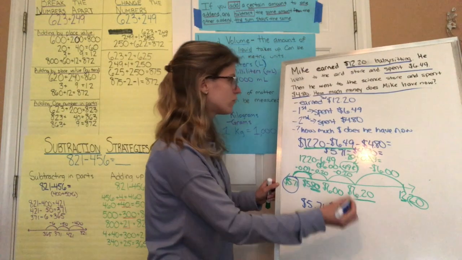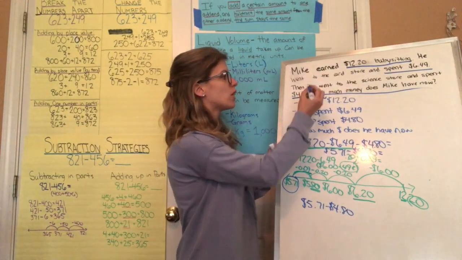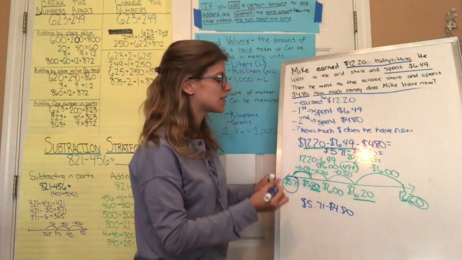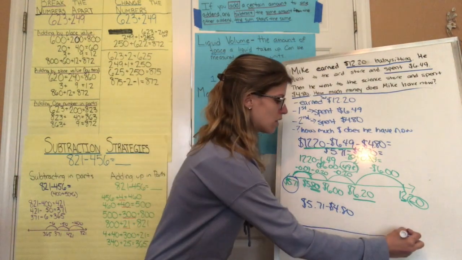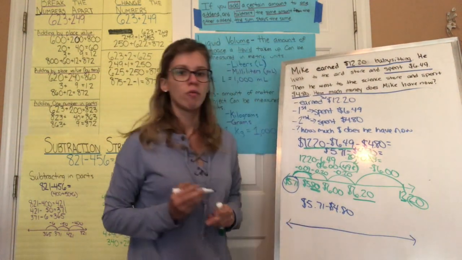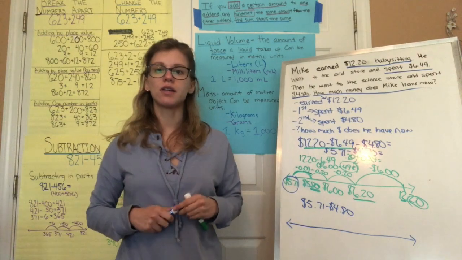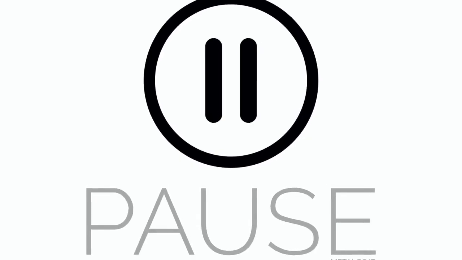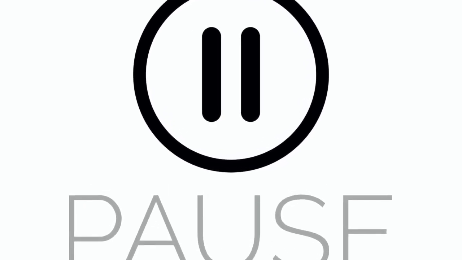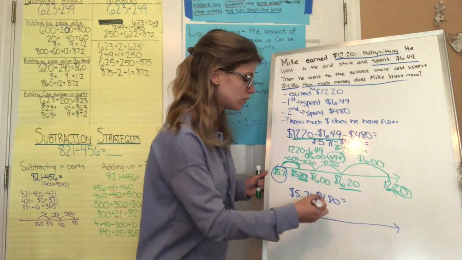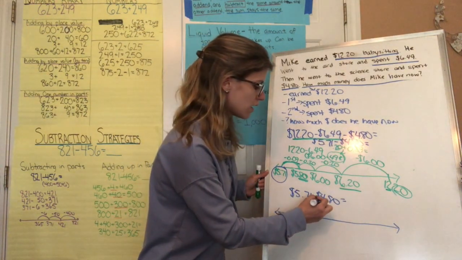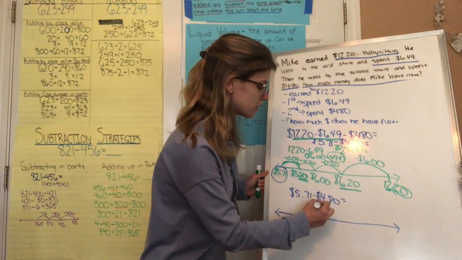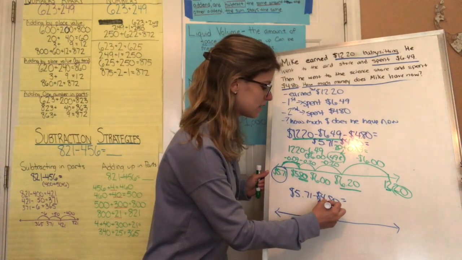I need to also figure out how much he has left when he spends money at the science store. Pause me and solve this on a number line by yourself. So I know that I need to separate $4.80.